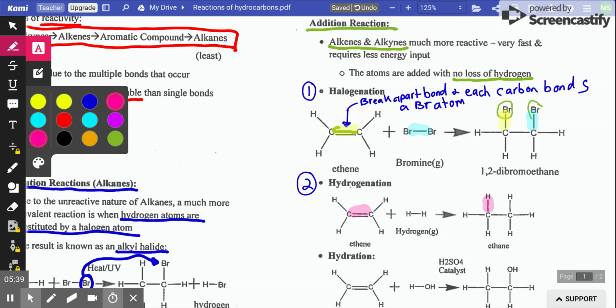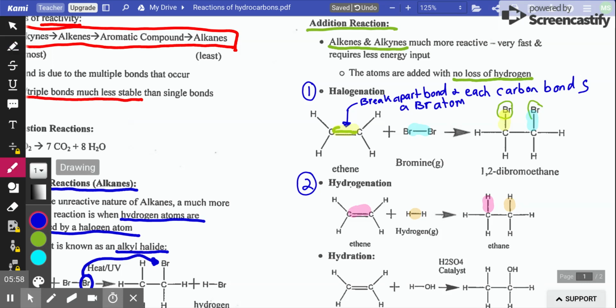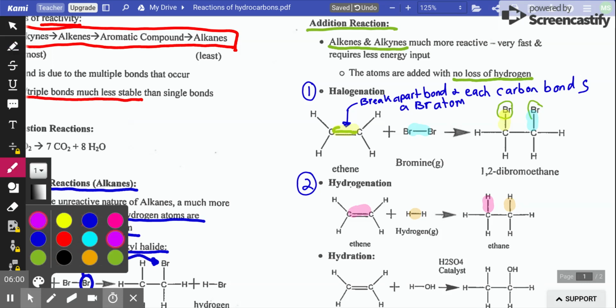So the electrons involved in that double bond create the bond to connect the hydrogen, and the electrons involved in this bond are going to be used to connect this hydrogen to the carbon. So again, we've just had a different type of addition reaction, but instead of adding a halogen to the hydrocarbon, the hydrogens are getting added to the hydrocarbon. So these two hydrogens move over there.